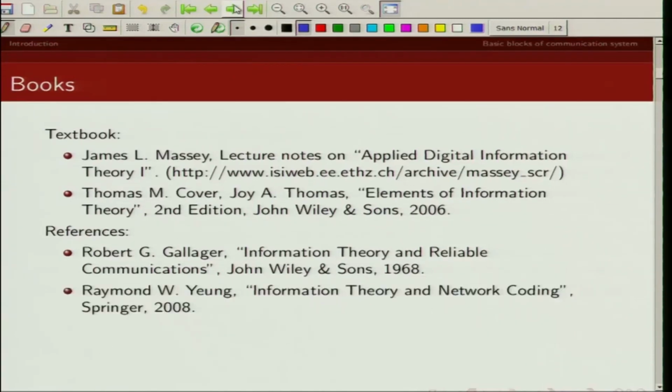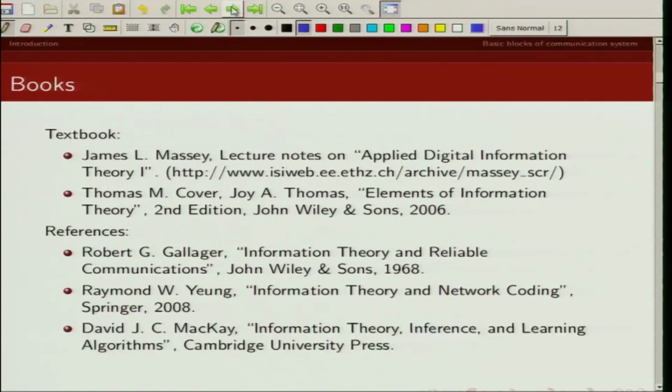You can also follow this book, or there's a modern book on information theory which contains some modern topics which obviously we would not be covering in this particular course, but a very nice book on information theory by Professor Raymond Yeung. You can also use this book. Another nice book on information theory is the book by late Professor David MacKay.